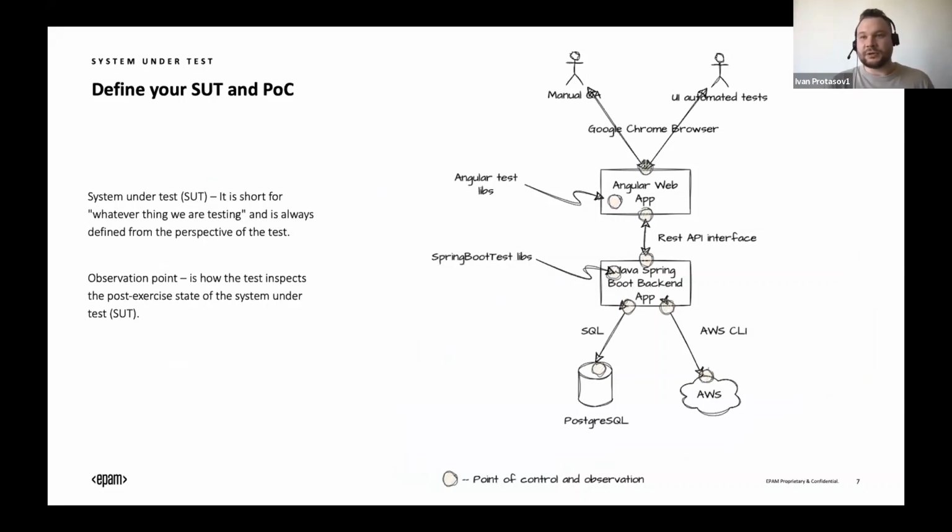To understand how it works, let's imagine a common three-tier application architecture, where an Angular web application stands for the presentation tier, a Java Spring Boot application stands for the application tier, and PostgreSQL stands for the data tier.